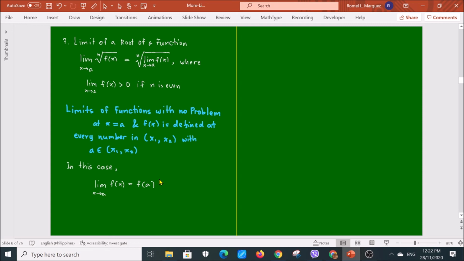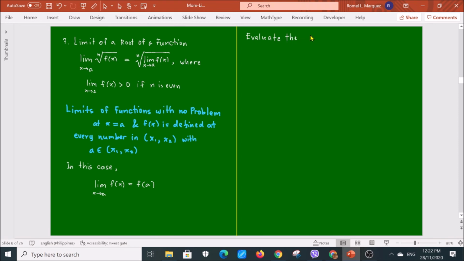If you have this condition, no problem at x equals a, and the function is defined at every number in the open interval x sub 1, x sub 2 that contains a, then it's just like evaluating a function. You can simply substitute a for x in finding the limit.